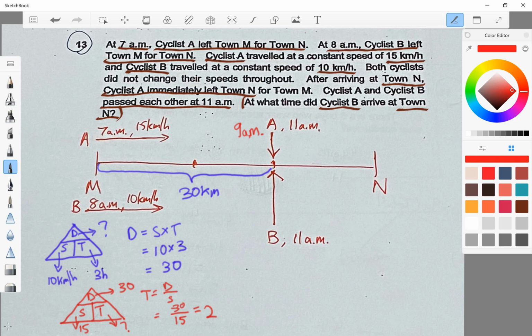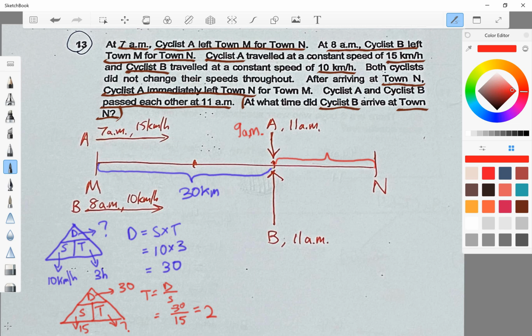Okay, so we can deduce from our diagram that cyclist A must have taken 1 hour to get to town end, which is what I'm showing everyone now. 1 hour to get to town end and another hour back to the point that they met each other at 11 a.m. And we know that cyclist A has a speed of 15 kilometers per hour.